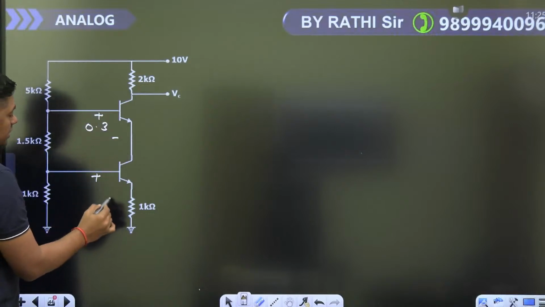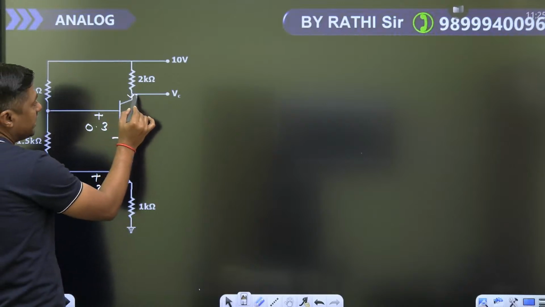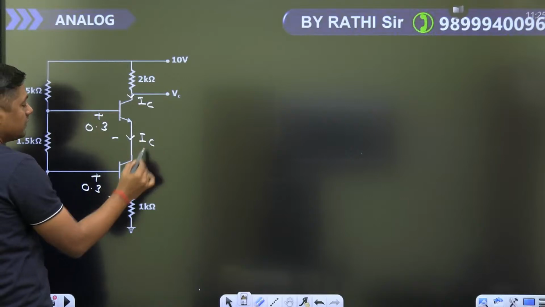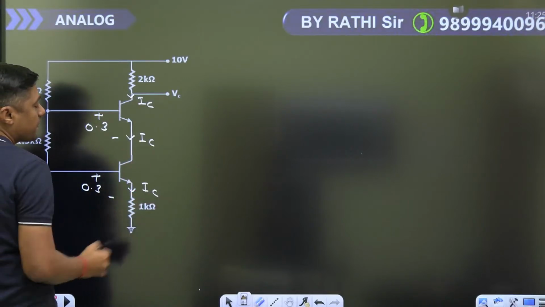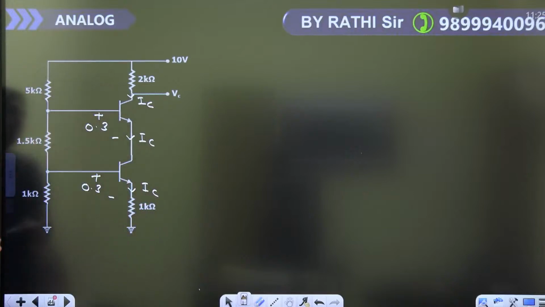This is 0.3 volt. This current IC, what is the base current? 0. That's why same current flows here, same current flows here. IC, IC. Why? Because the base current is negligible, beta is very, very large.